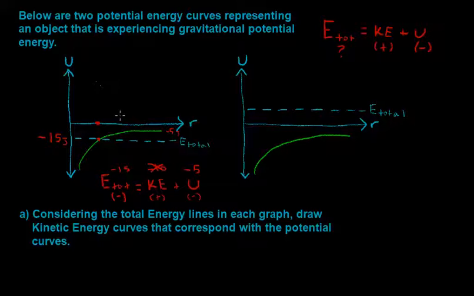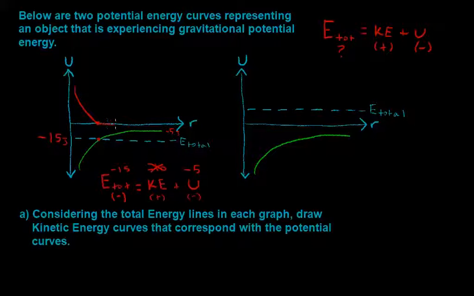So our curve would look something like this, matching with our potential energy reaching this total energy, and the moment where this potential energy is equal to the total energy, our kinetic energy must equal 0.